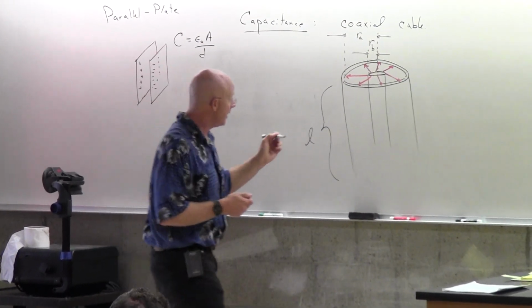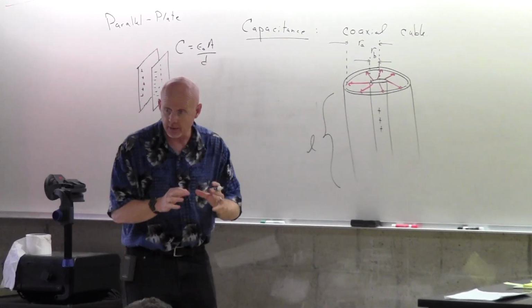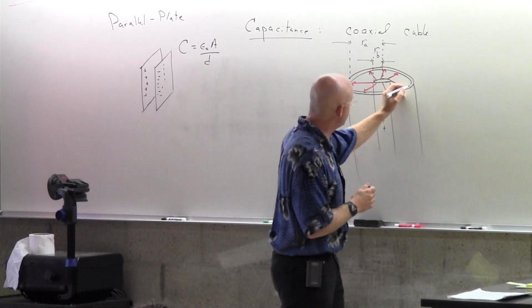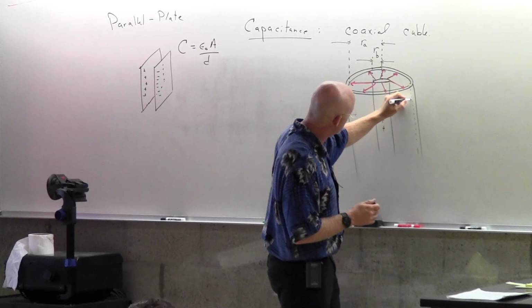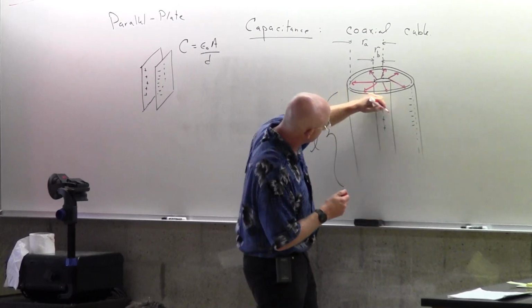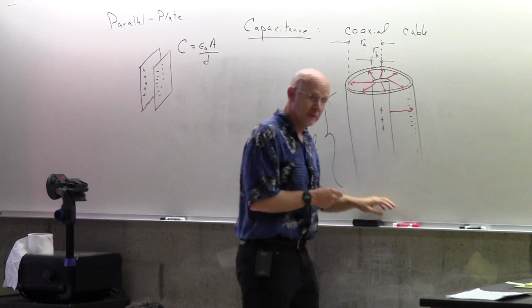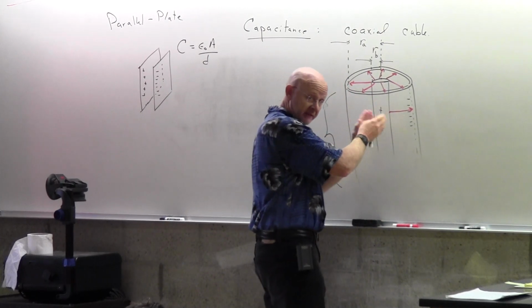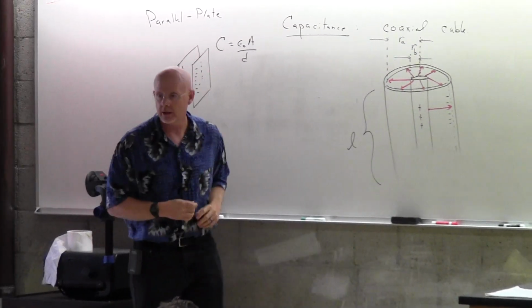The centerpiece could have either charge, but I'm going to label it as positive. The inner wall of the outer piece would then be negative, and that's why the electric field would go from the outer radius of the inner conductor to the inner radius of the outer conductor.